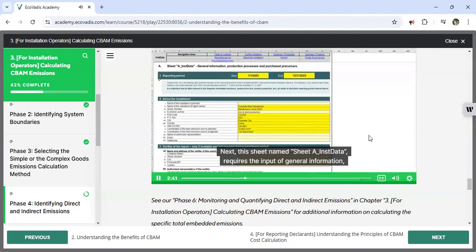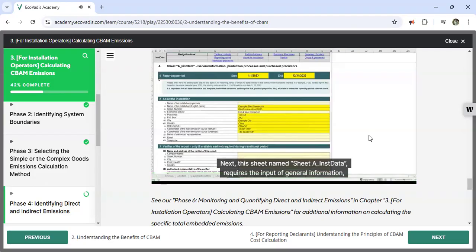Next, the sheet named A_InstData requires the input of general information, production processes, and purchased precursors of the installation.